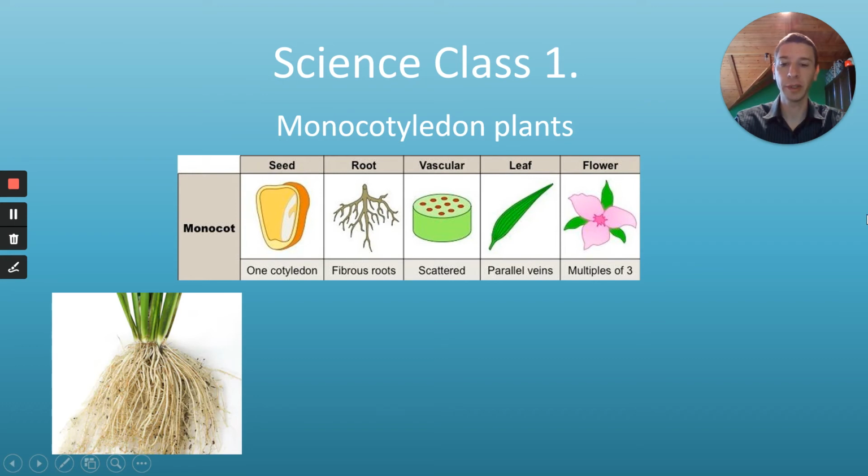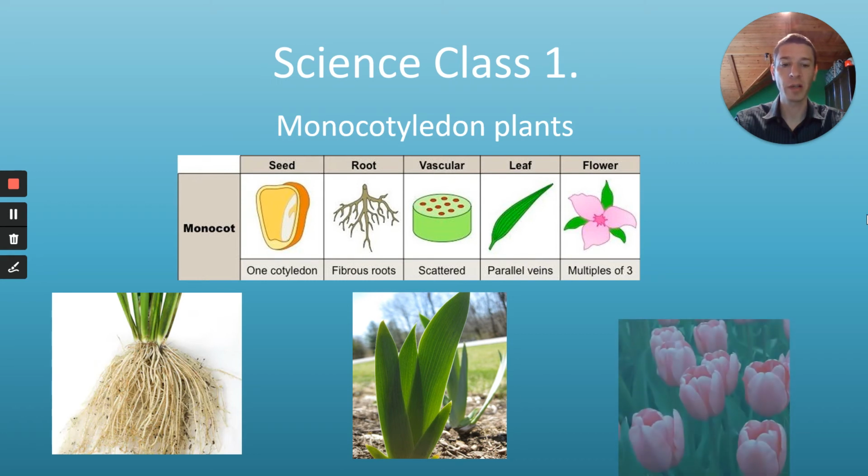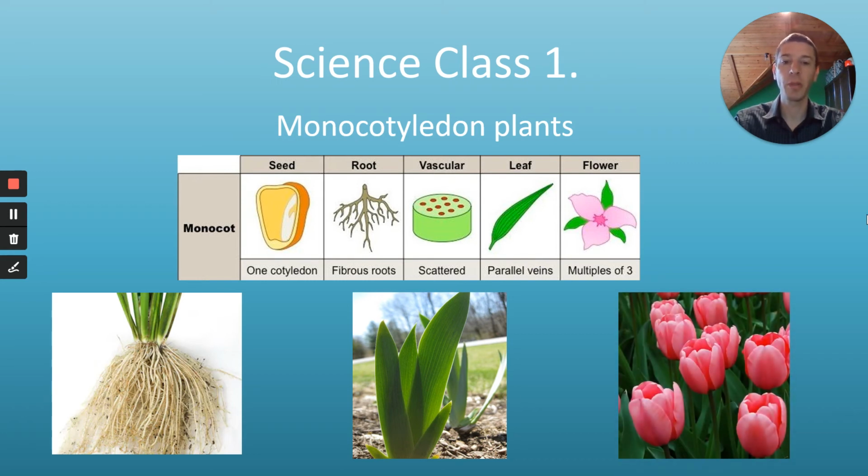You'll find them everywhere. When you look at the leaf, the veins inside are parallel. And the flowers have got 3 petals or multiples of 3. For example, if you look at these nice tulips, you can count 6 petals on the flower.